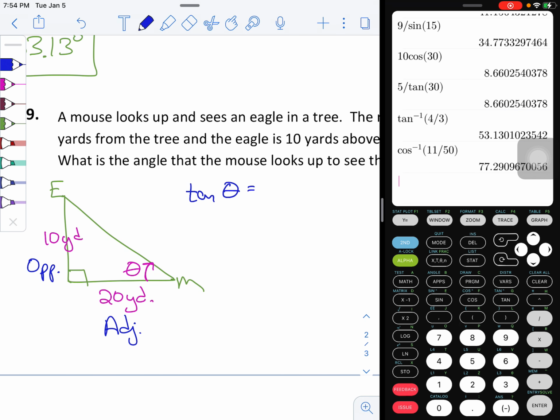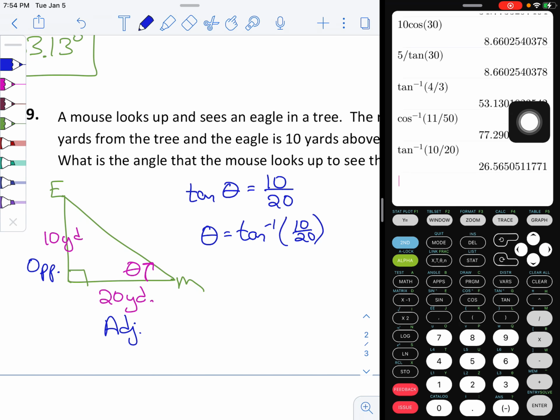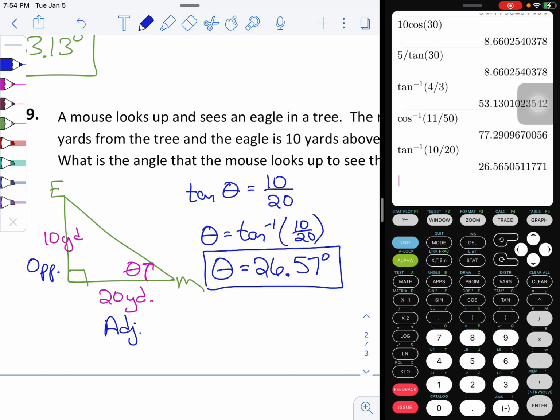Tangent of theta is equal to opposite over adjacent. Do the inverse tangent of both sides. You could reduce 10/20, you don't have to, though. So inverse tangent of 10/20. I just make the calculator do my work for me. So the mouse is looking up at an angle of 26.57 degrees. That would be the angle of elevation from the mouse to the eagle.